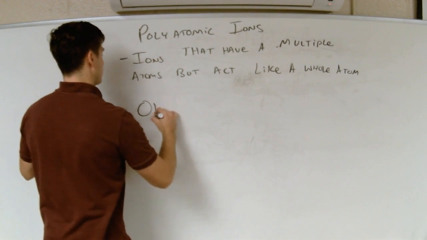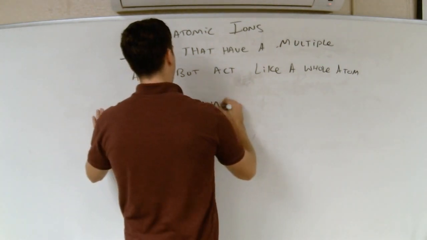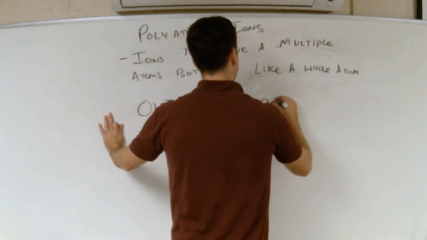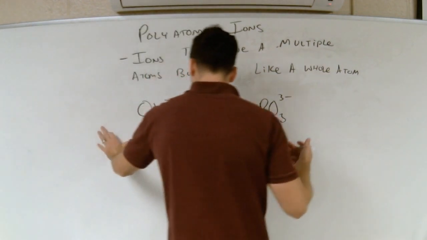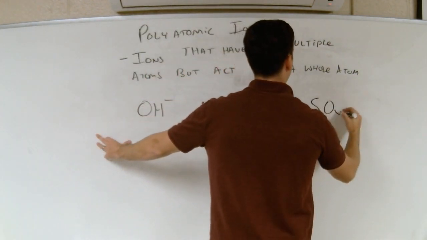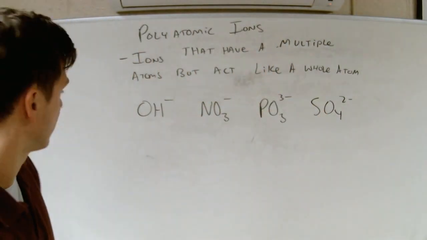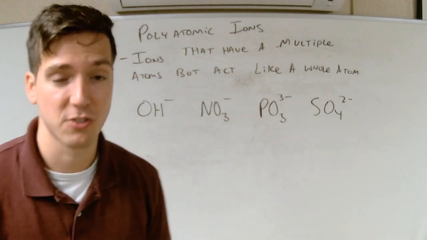Examples of these are OH-, which is our hydroxide; NO3-, which is nitrate; PO3 with a negative charge, which is phosphite; and SO4, which is our sulfate, and so on and so forth. You'll see these polyatomic ions are hybrids with multiple elements going on.